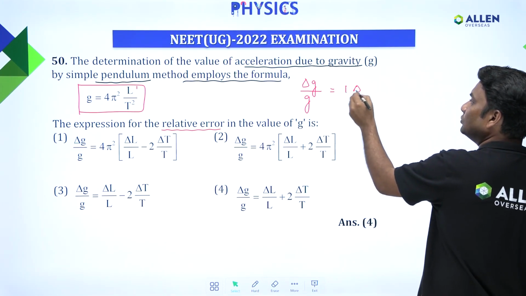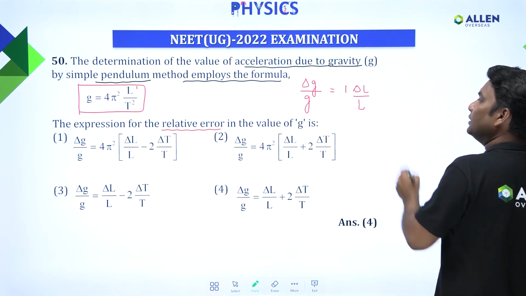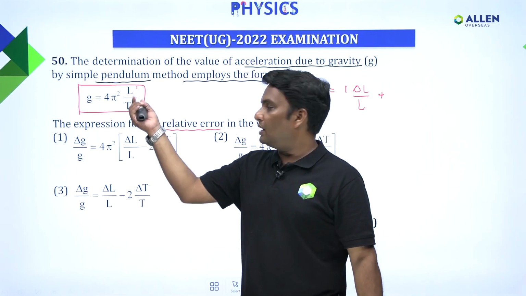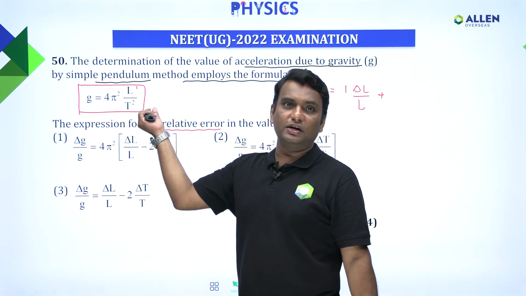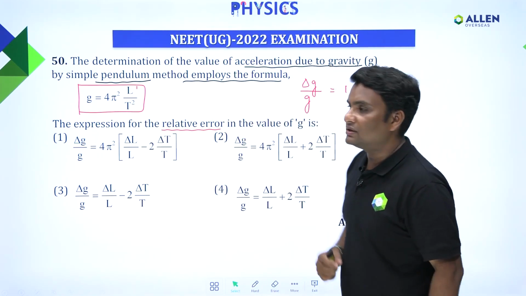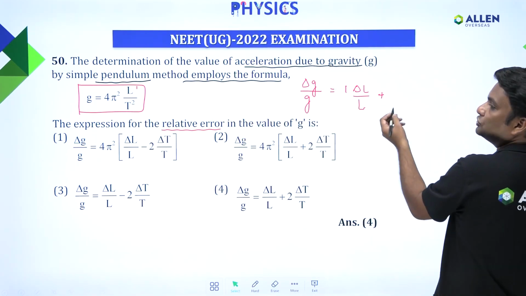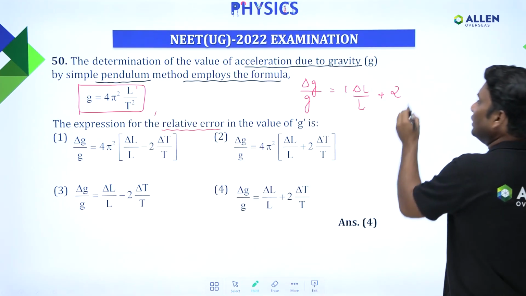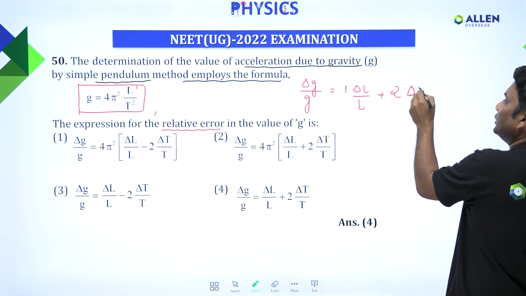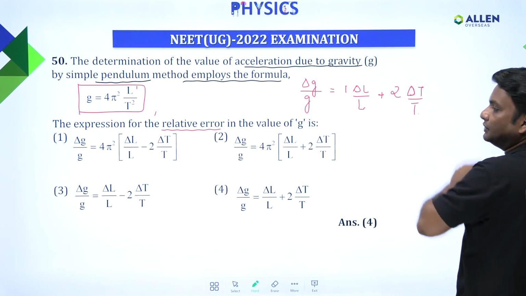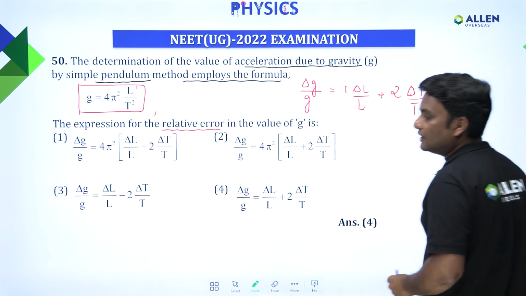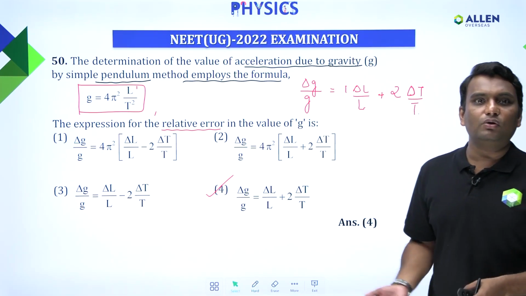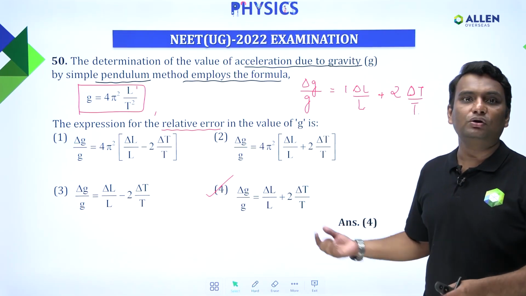So 1 into delta L by L plus, since this power is there, again I'm telling you, since it is inversely proportional it does not mean it is going to be minus. Errors are always getting added up, so it's going to be 2. This power comes in front, and it is going to be delta t by t. So based on this we can directly go for option number 4, that is delta g by g equivalent to delta L by L plus 2 delta t by t.